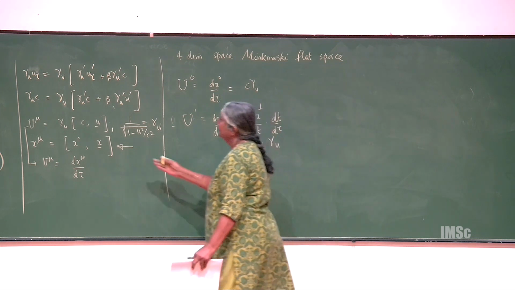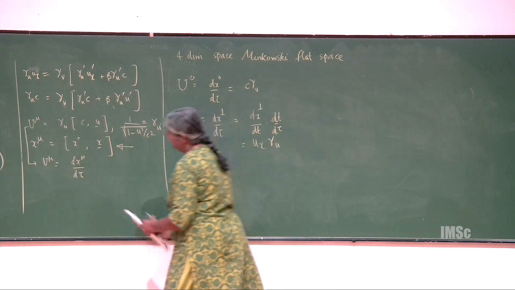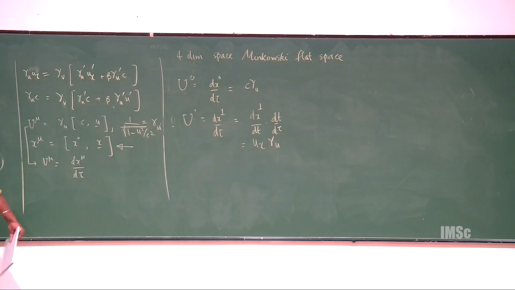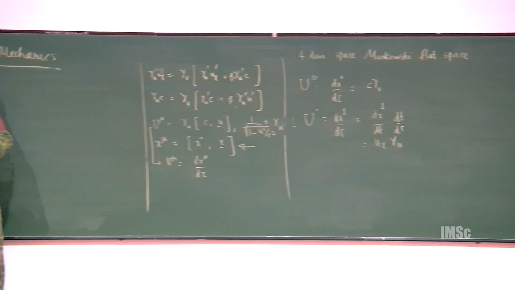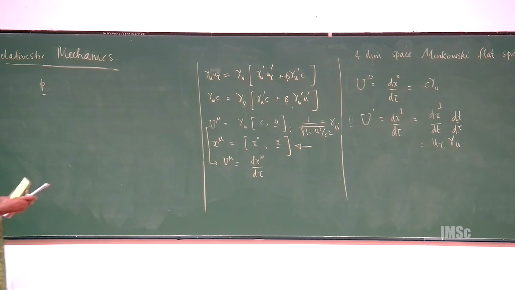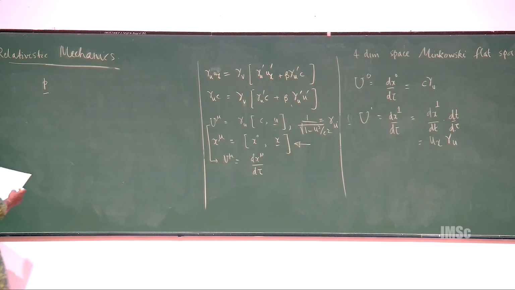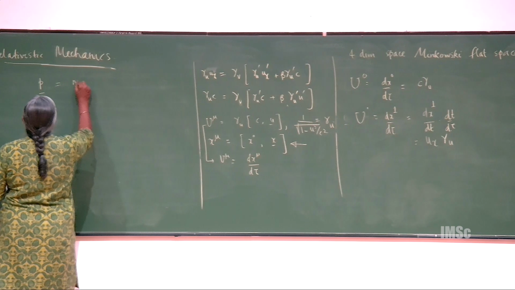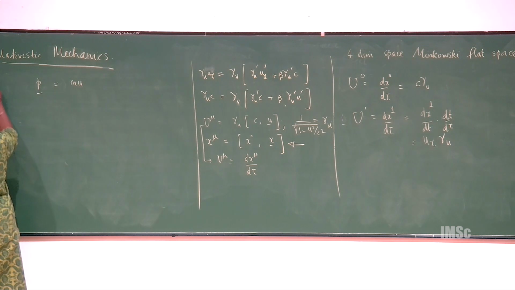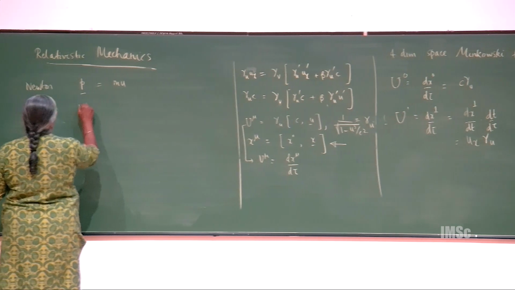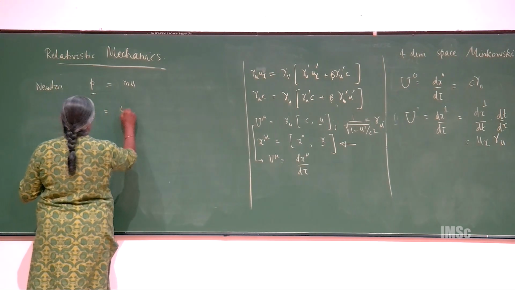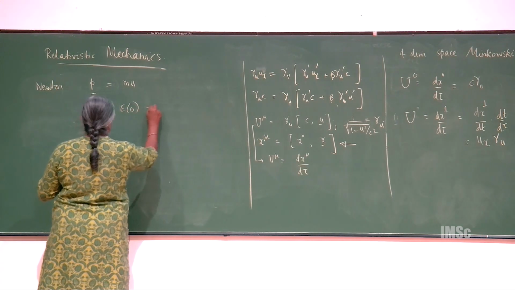We wanted Newton's laws. So we wanted to find a P. So what did we start out with? P is equal to mu, that's what Newton said, right? I started by writing this. And now this is just a trick.